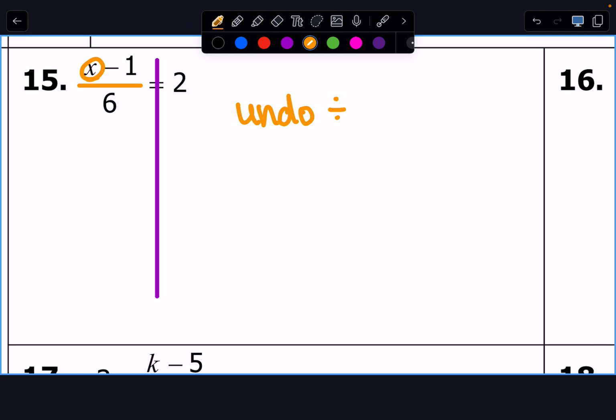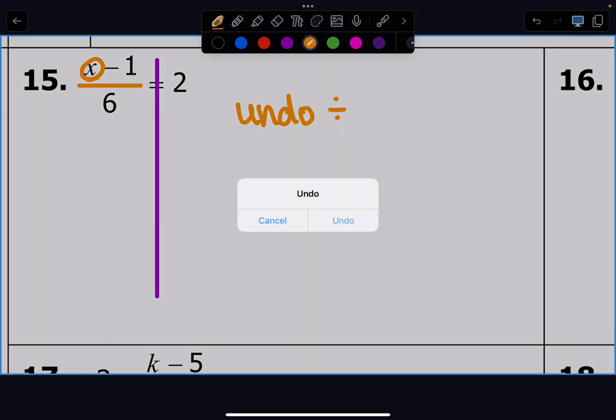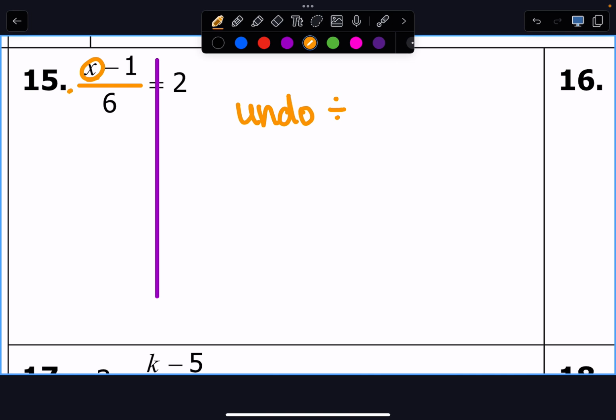This is like the only time you're going to see we have to undo division in our first step. Usually that's like the last step. Okay? So we're going to undo division by multiplying both sides by 6. And so we have x minus 1 equals 12.